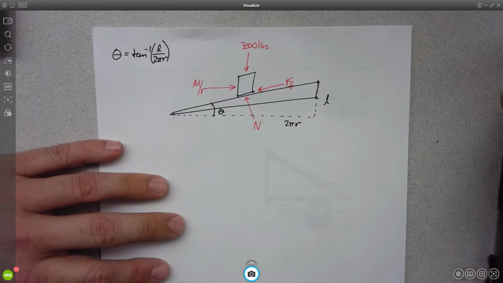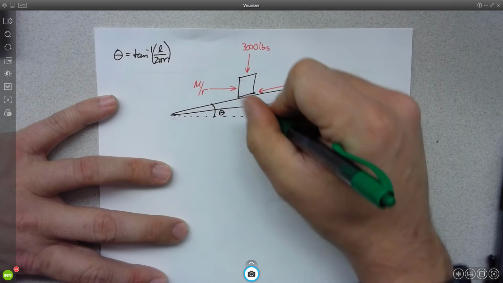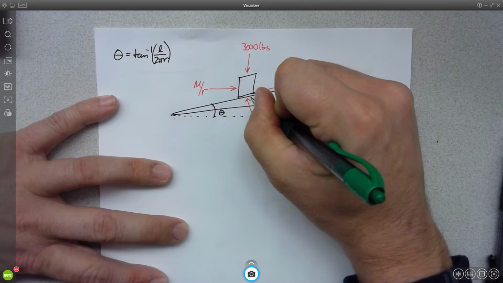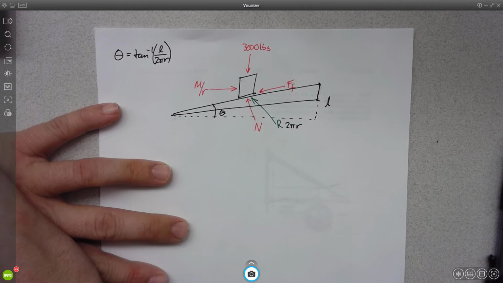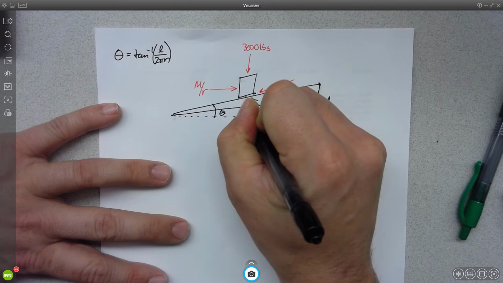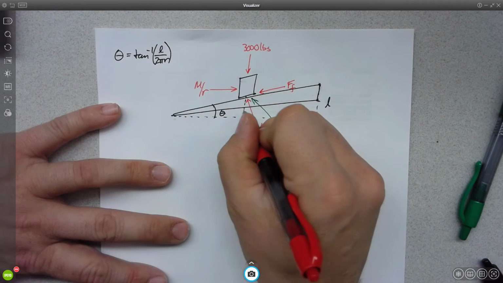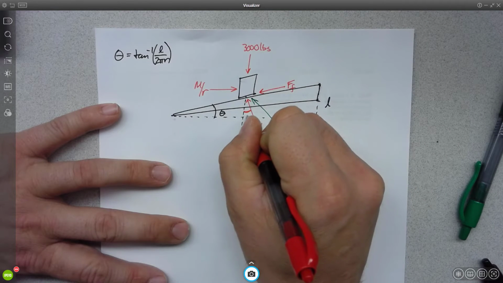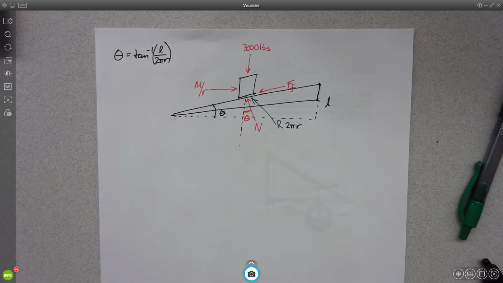Now, I'm going to go ahead and combine my force of friction and normal into a single resultant force. If I were to draw a line going straight down, would you agree with me that the angle between the normal and the vertical is theta?